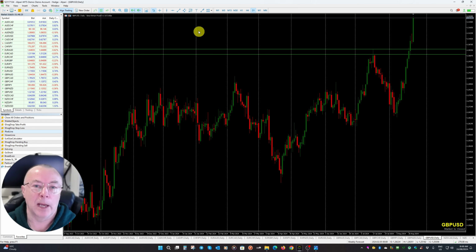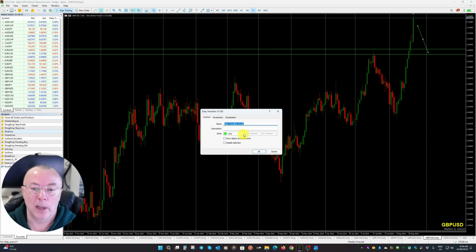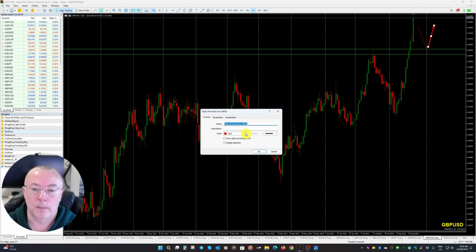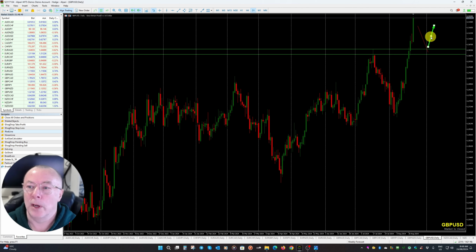So that being the case, we're looking at this one now to possibly come back into the zone, and if it does, we'll be looking at taking this one long. Mark that with a green arrow, and so long for the pound dollar.